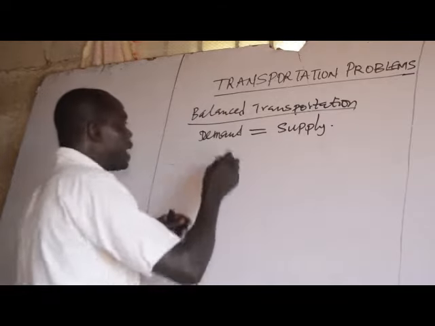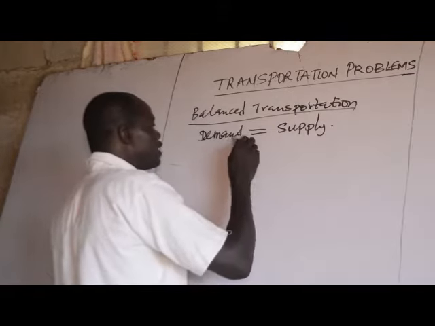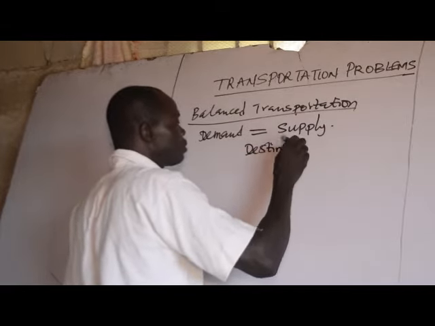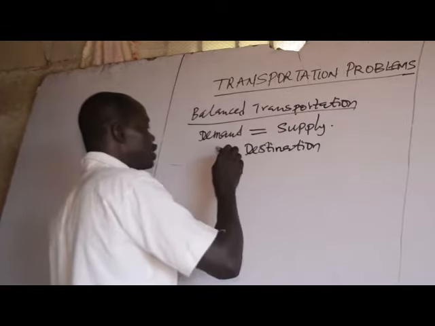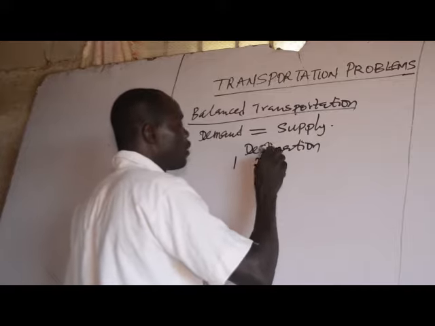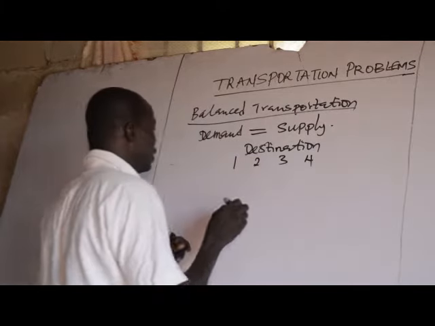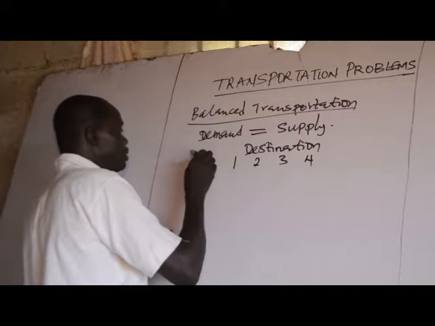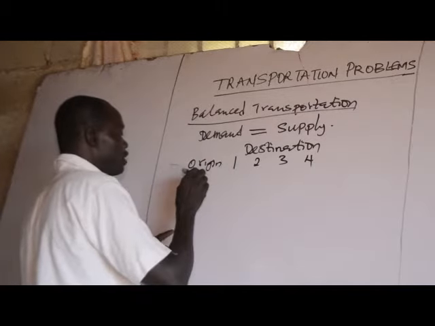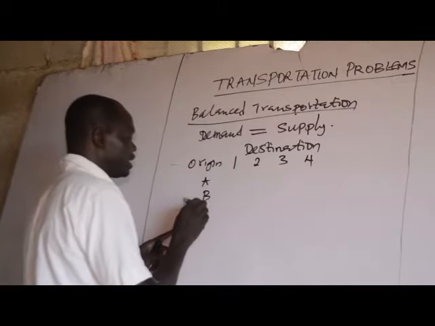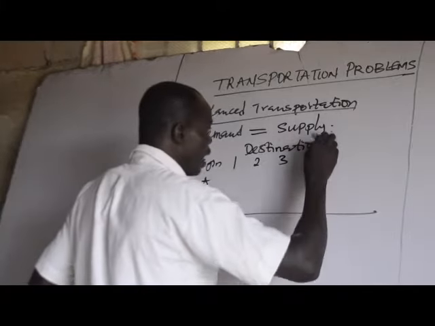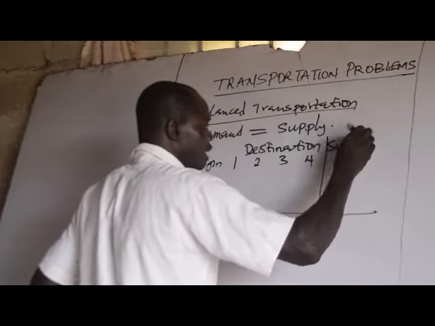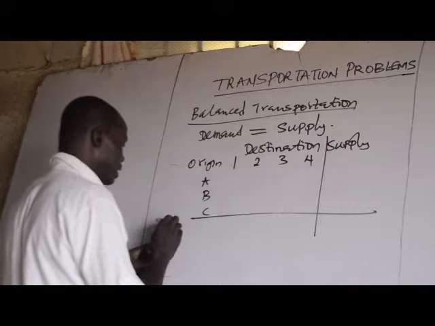Now, an example of a balanced transportation problem. Suppose you have four different destinations: 1, 2, 3, and 4. Then you have origins A, B, and C. Then you have the supply, and you also have the demand.